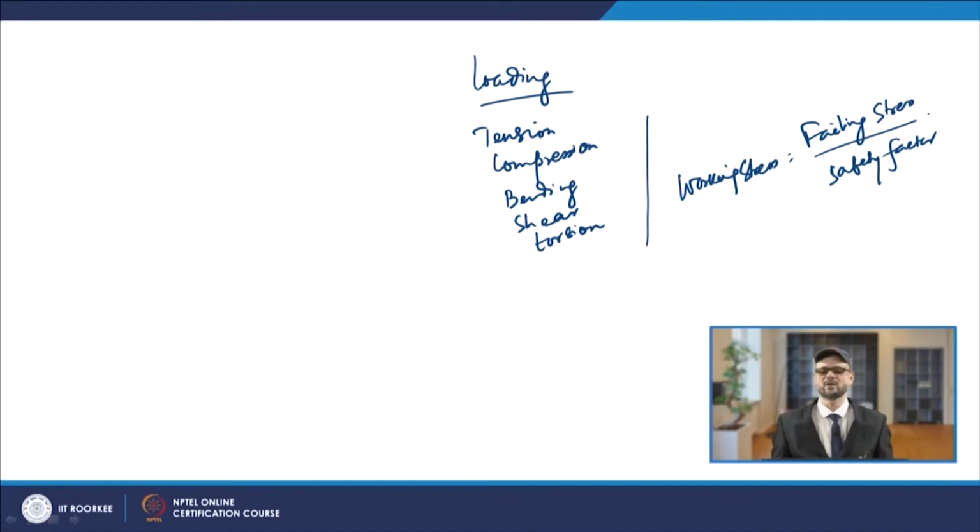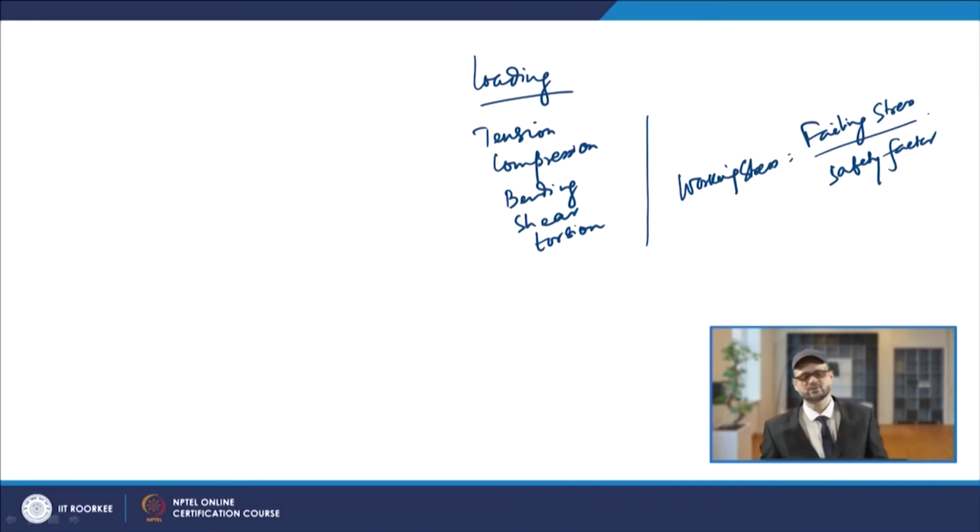This way you have the definition of the allowable stress or working stress, which is set so that the performance of the welded specimen is satisfactory in the long run.